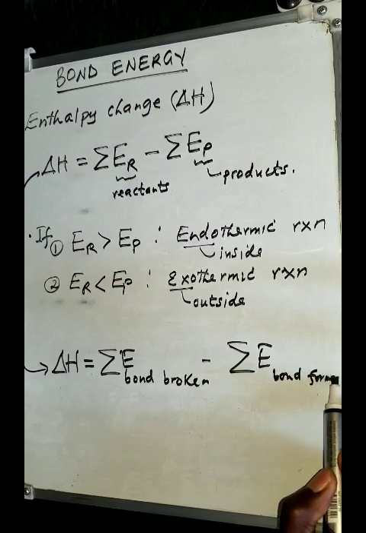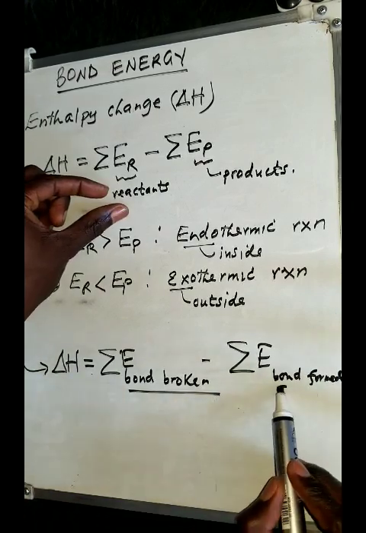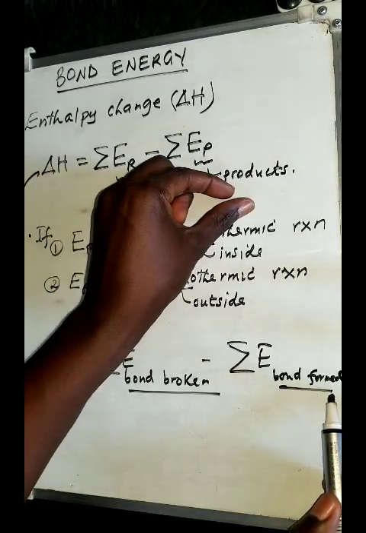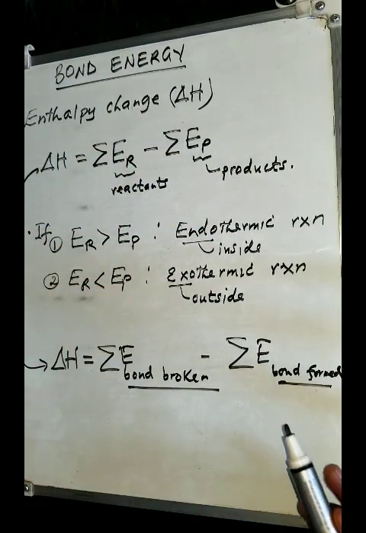So that is what we talked about. Bonds broken are in the reactants, then the bonds that are formed are in the products. So you are going to have such an analysis.